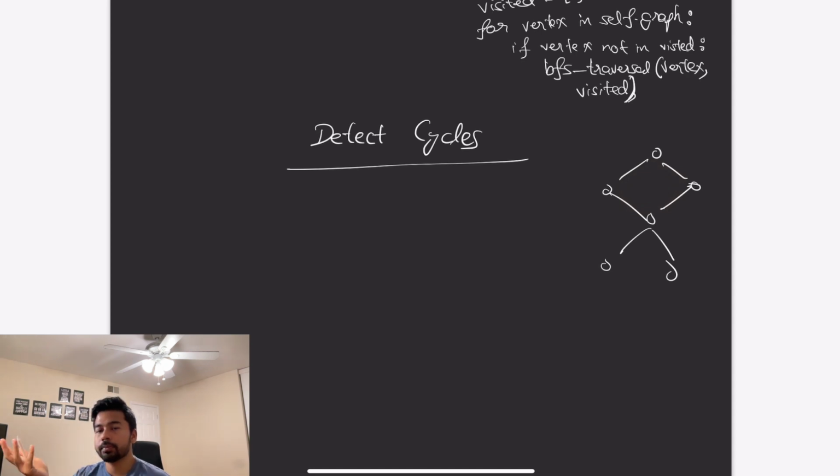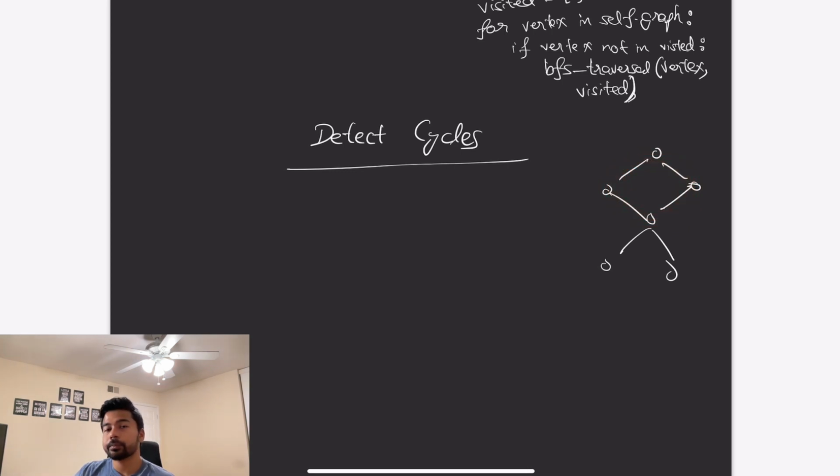So cycle detection is a very useful algorithm in graphs. You might need to use it in a bunch of places. So how do you detect a cycle in a graph, right?